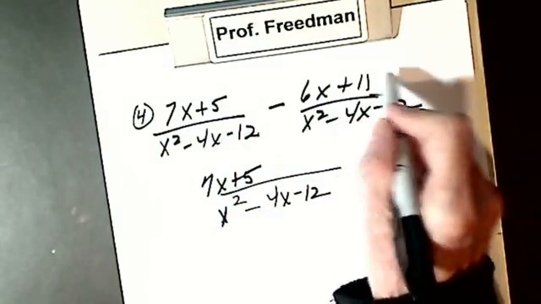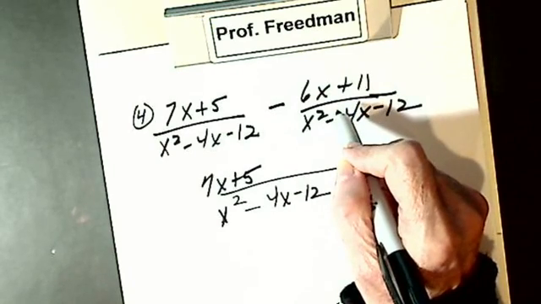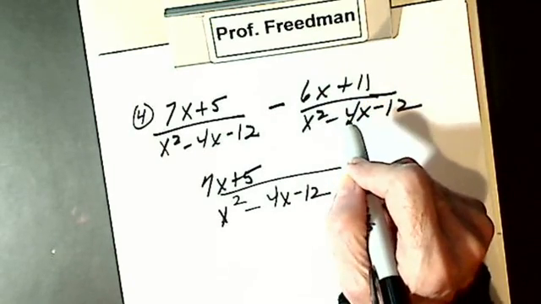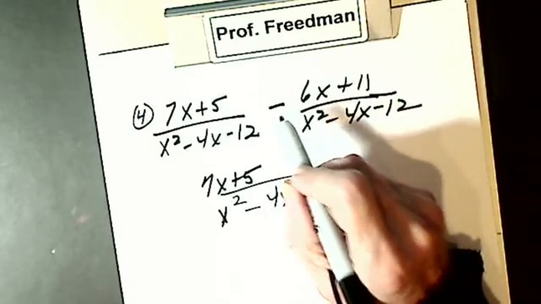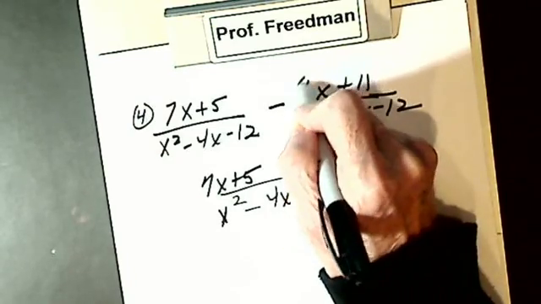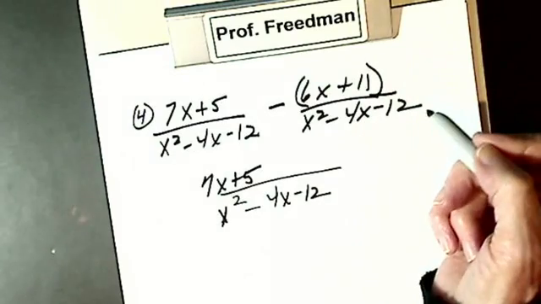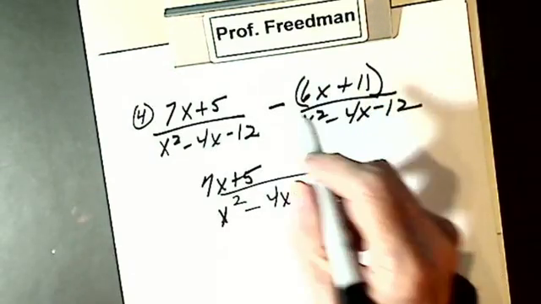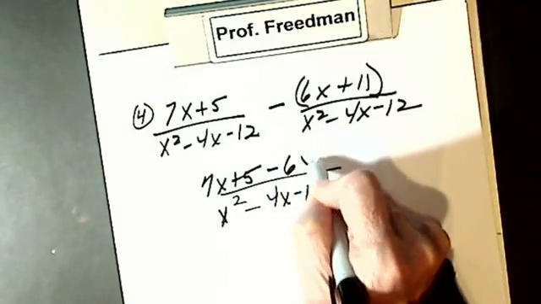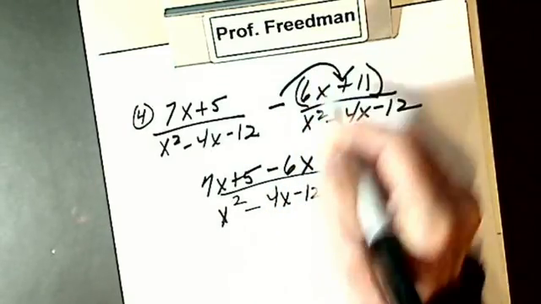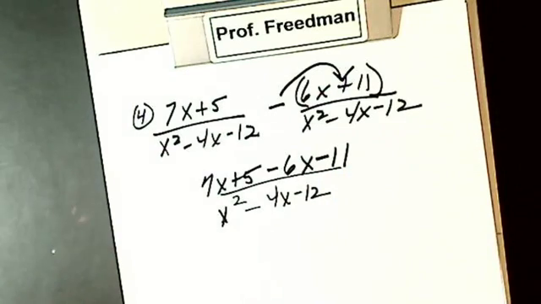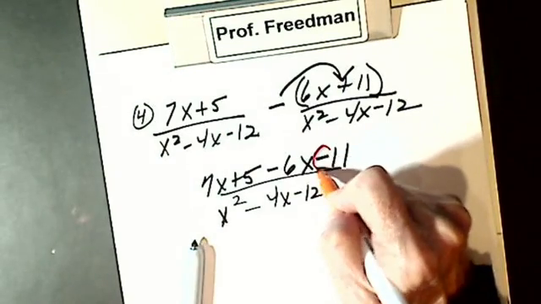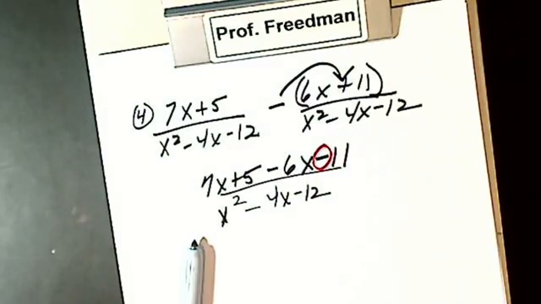This is minus this entire fraction. So when we're working inside a problem, I consider the minus in the numerator. So in my head, there's a parenthesis. So now I get minus 6x, and this minus changes this to minus 11. That's a big deal. Tons of people get that wrong.